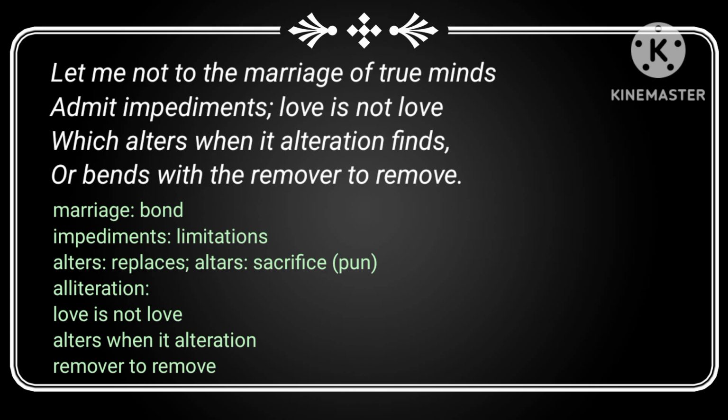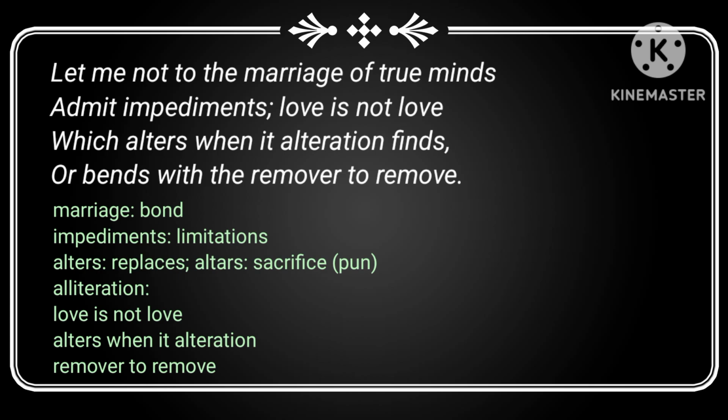Let me not to the marriage of true minds admit impediments. In the very opening lines of the poem, Shakespeare informs the readers that this poem is about the marriage of minds, the bond of understanding.